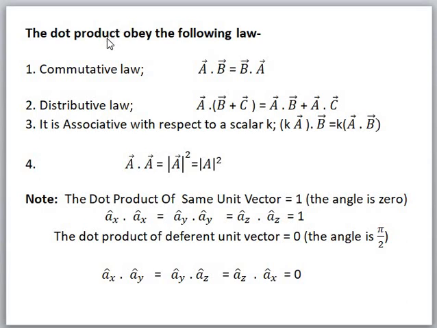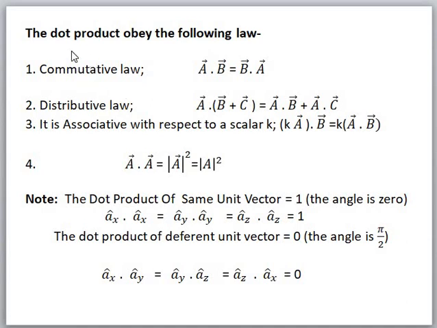The dot product obeys the following rules. First, the dot product follows the commutative rule. It means we can write vector A dot vector B is equal to vector B dot vector A. We can also say the dot product follows the commutative law.